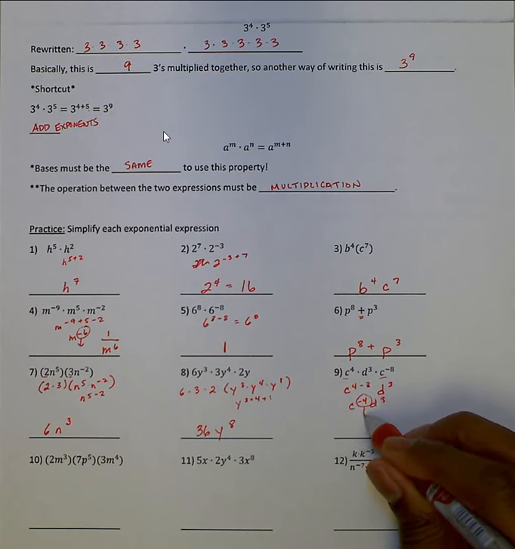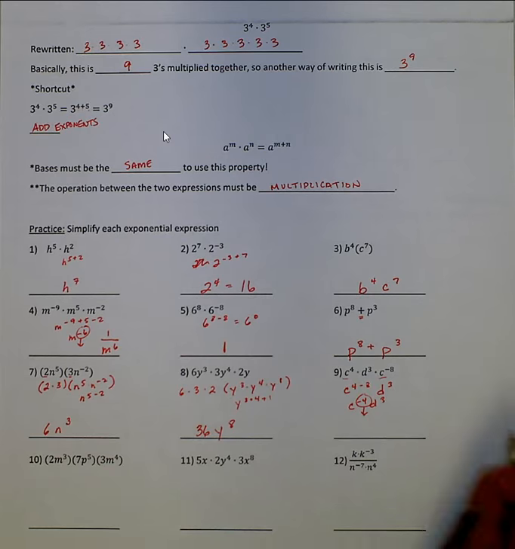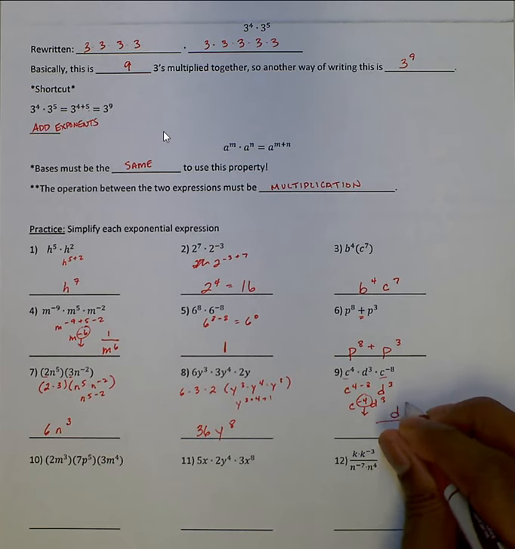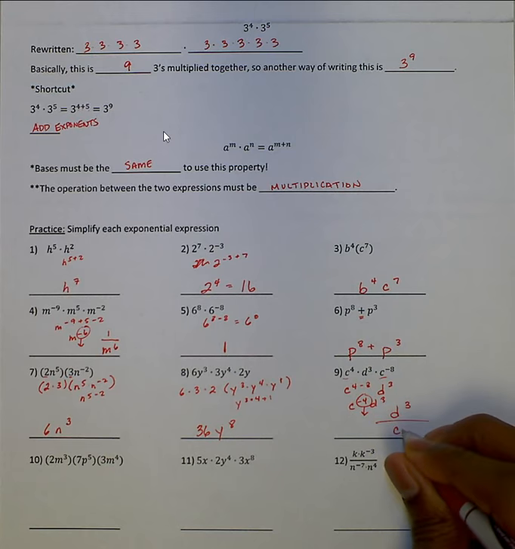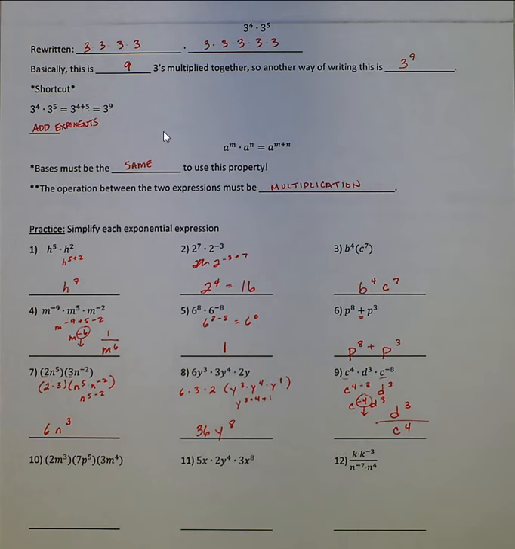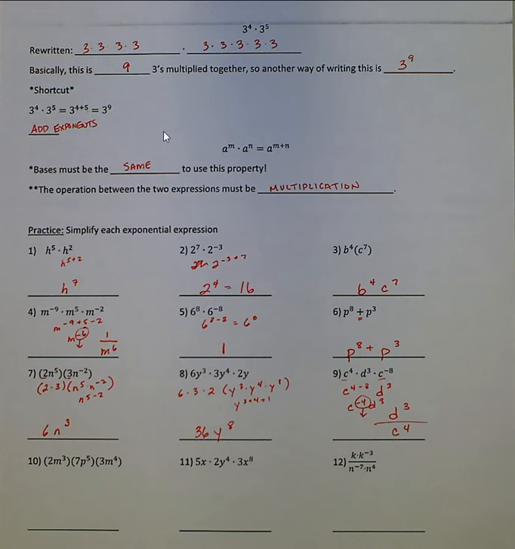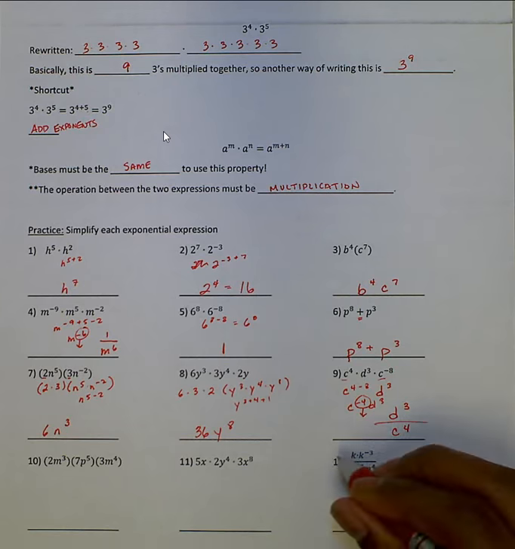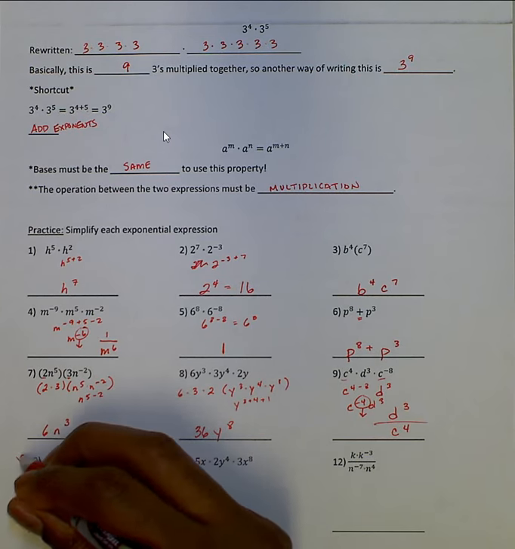I want to move that to the denominator, remember, so that the exponent becomes positive. So you have D to the 3rd, it stays in the numerator, over C to the 4th. I will do number 12, but I want you guys to do number 10 and number 11.